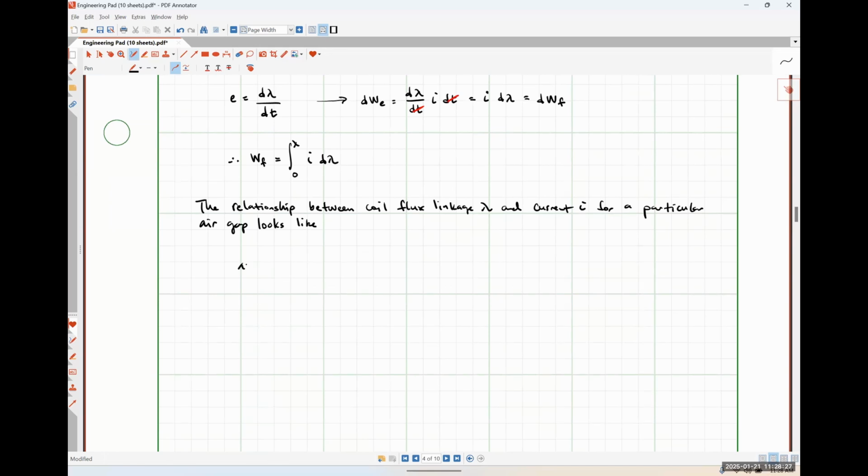I'm going to put flux linkage on the y-axis and current on the x-axis. And it's going to look something akin to this.